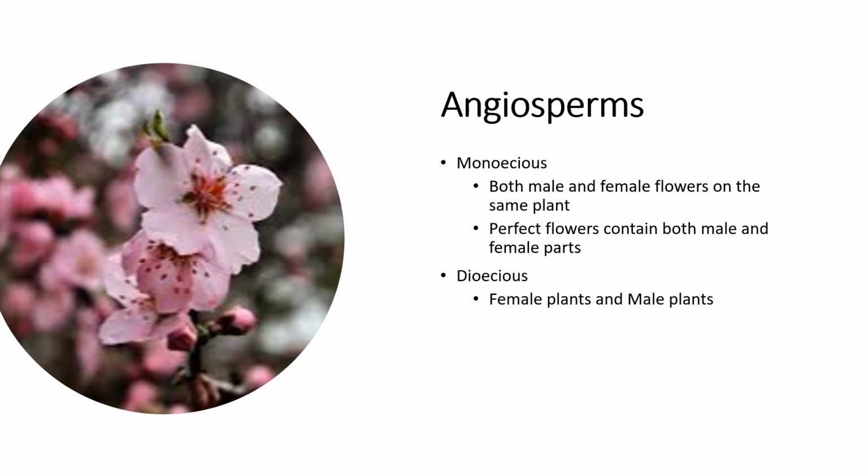Now that includes examples of perfect flowers. A perfect flower is like the one I showed you in the beginning that has both the male and female parts. But it could still be monoecious if it has a female flower and a separate male flower on the same plant. Those that are dioecious means you have to actually have two different plants in order for them to fertilize. One plant has the female flower and a separate plant will have the male flower.